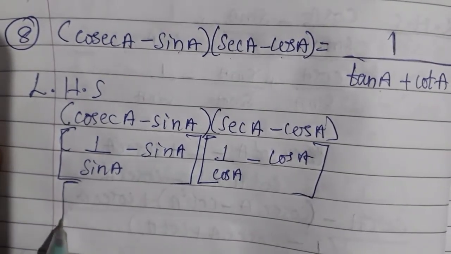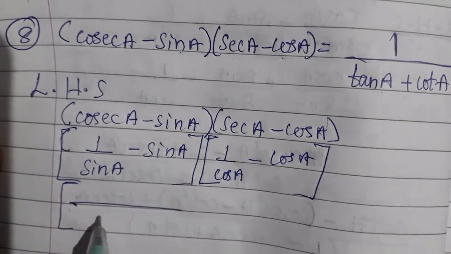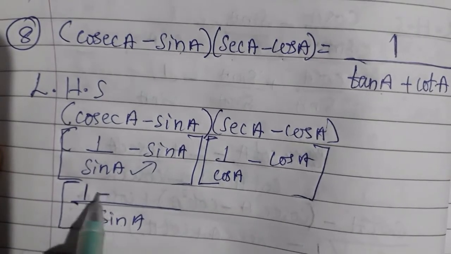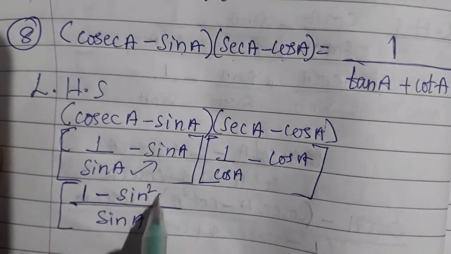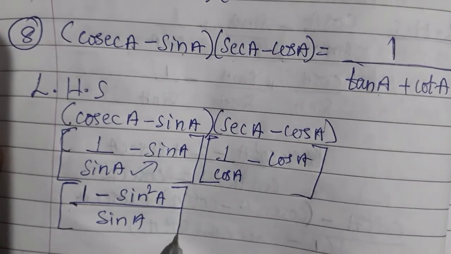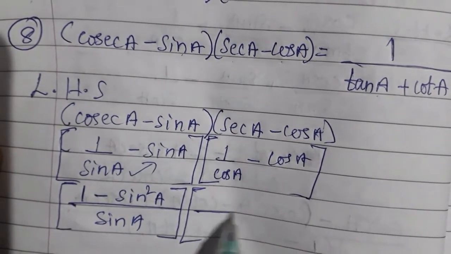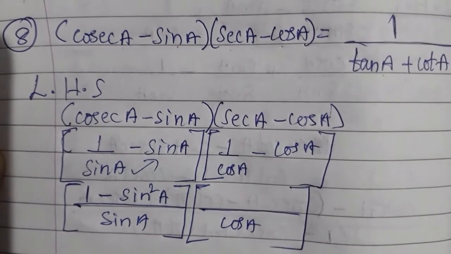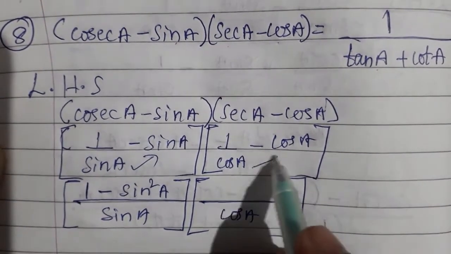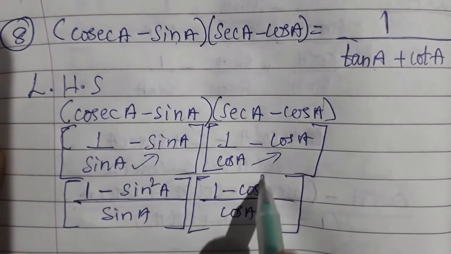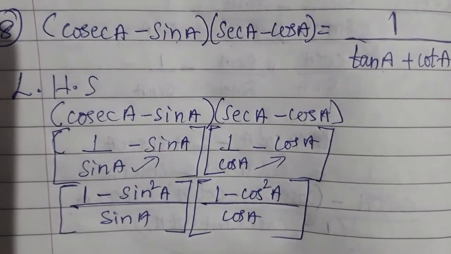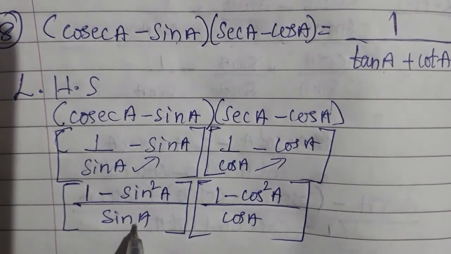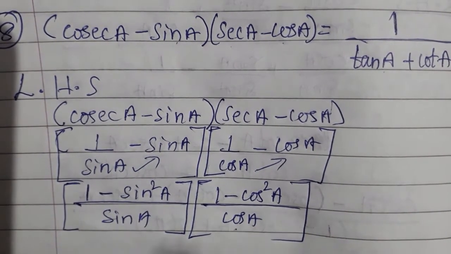Now definitely you can notice here, we have to take the LCM. Sin A will become the LCM, cross multiply. 1 minus sin square A. Next here, you can notice cos A is the LCM. Now cross multiply. 1 minus cos square A. In the numerator I will multiply numerators, and in the denominator I will multiply denominators.